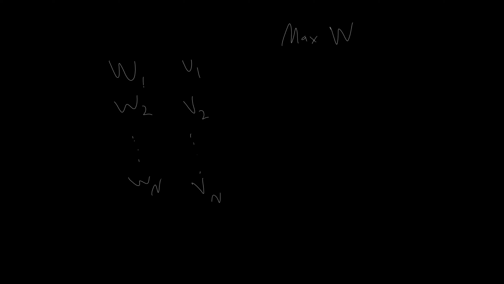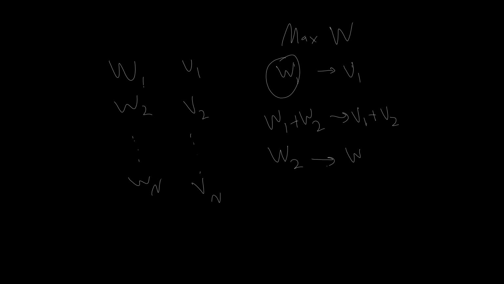When my weight is w1, my value is v1. Now for w2, you can either add on to this, or you can not include the first one, right? So you can either have w1 plus w2, which is v1 plus v2, or you can just have w2, which is just v2. You can only do this providing this is less than the max W.